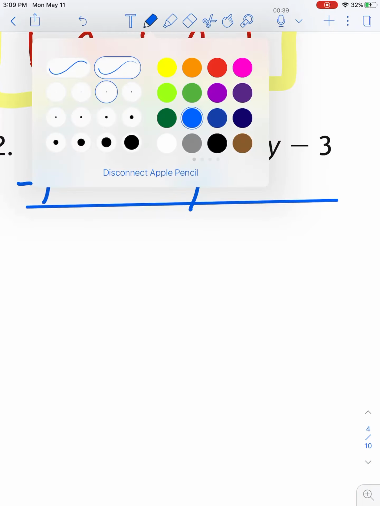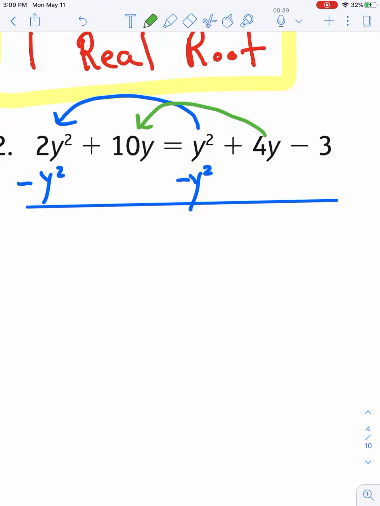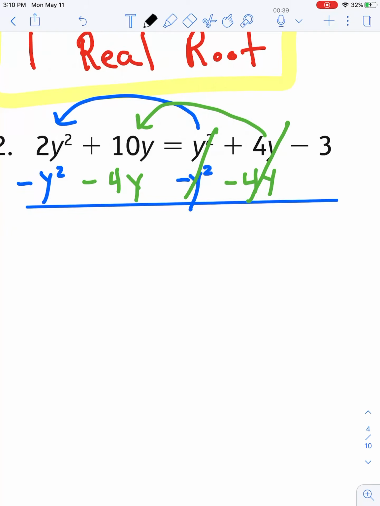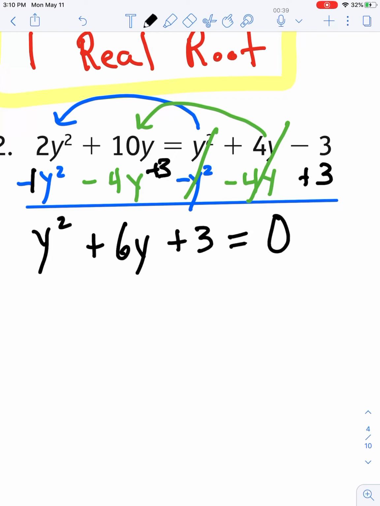And at the same time, I'm going to move the positive 4, so that would be a negative 4y. So these are all canceling out. Now I'm going to simplify. 2y take away 1y squared leaves me with y squared. 10 minus 4 is a positive 6y. And now I'm going to add 3 to both sides. So this is going to be plus 3 equal to 0.